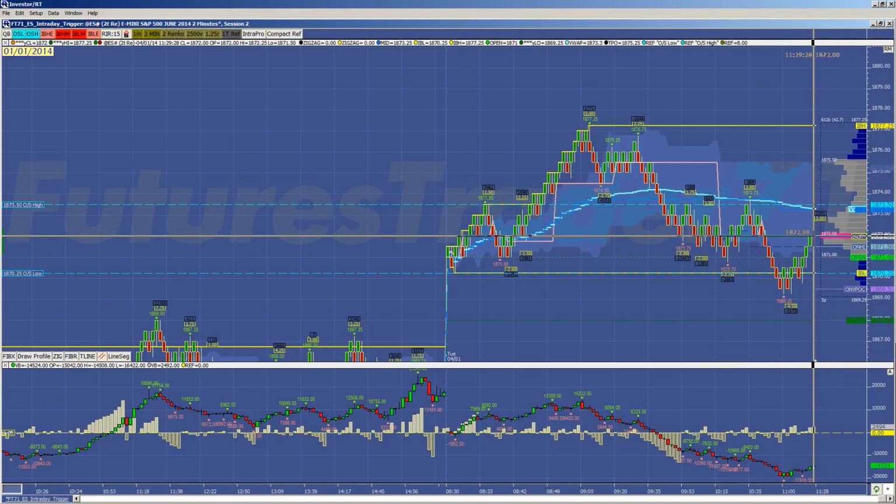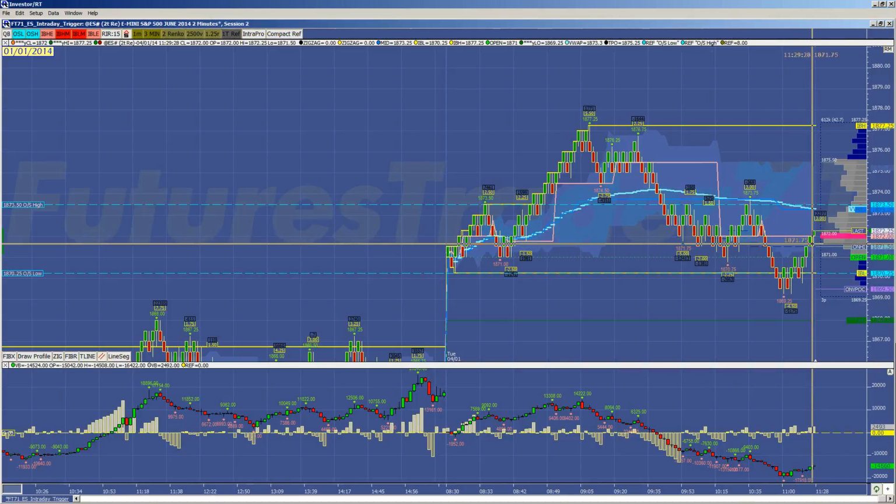So the point of control remains here and it continues to build here. The point of control shifting means that there's a lot of activity, which means that there's a good chance that one side or another, either the buyers who stepped in, a lot of them, or the sellers who stepped in at that price, are going to be wrong because they're active.